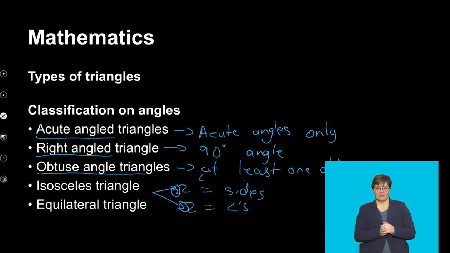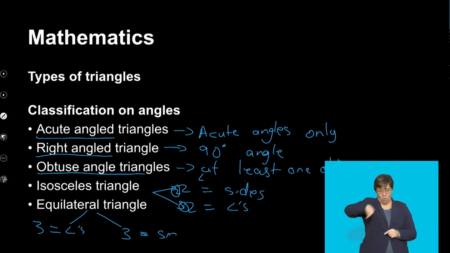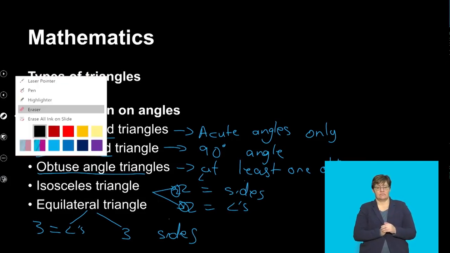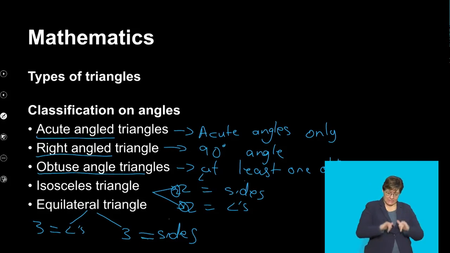Then the last one will be equilateral. Equilateral has three equal angles, and it also has three equal sides. So three equal angles and three equal sides.